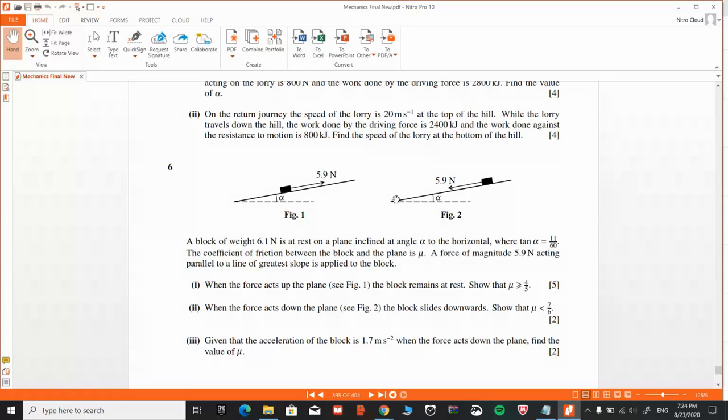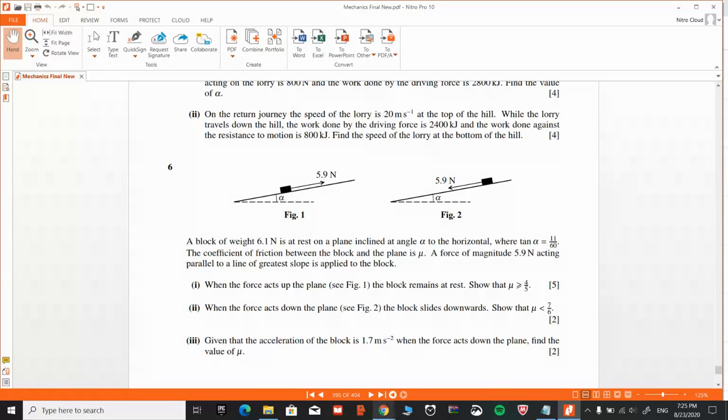The coefficient of friction is given as mu. A force of 5.9 is acting parallel to the line of greatest slope. Okay, so there is friction. Question number one. When the force acts up the plane, the block remains at rest. Show that mu is greater than or equal to 4 by 5.